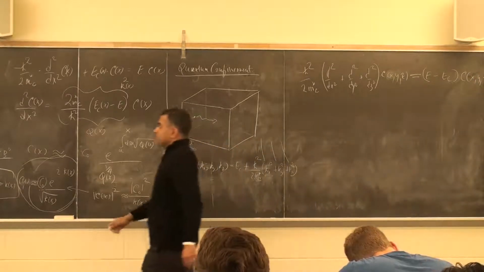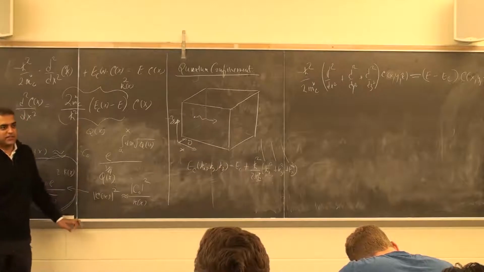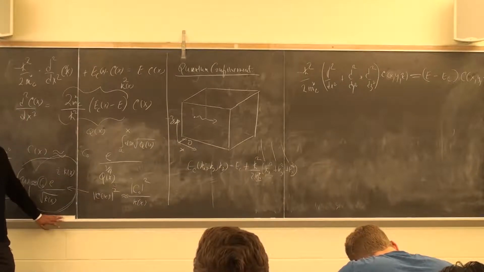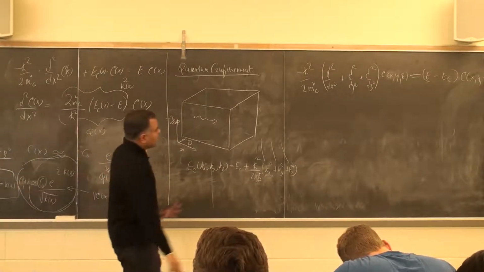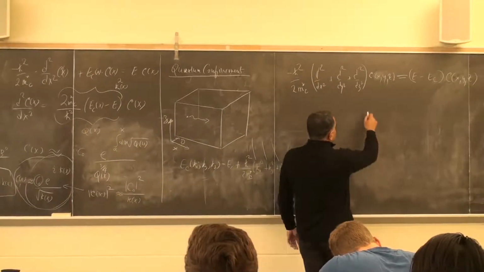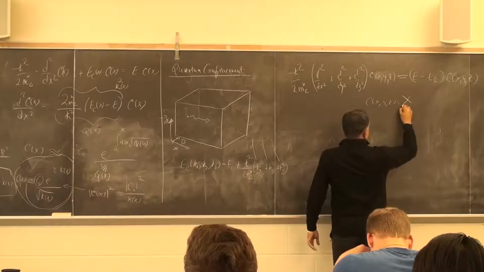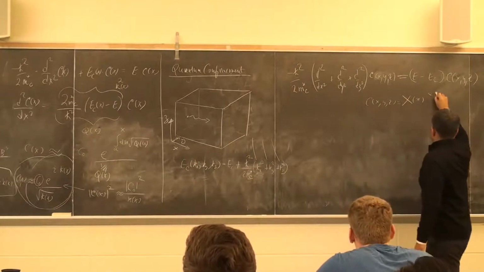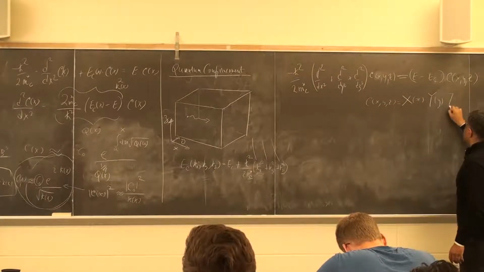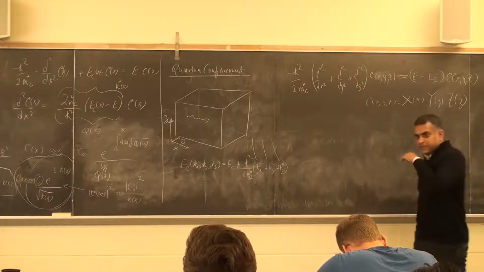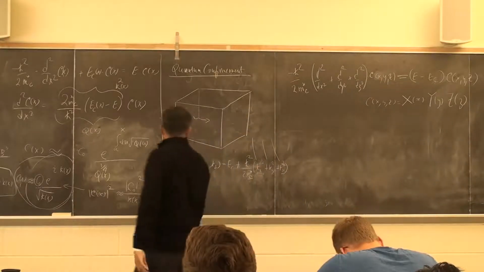It's basically the same equation in a higher dimension, right? And I think it's very easy to see how to solve this equation. You just say that psi of x, y, z is composed of some function of x, some function of y, some function of z, separation of variables business, and you plug that in.